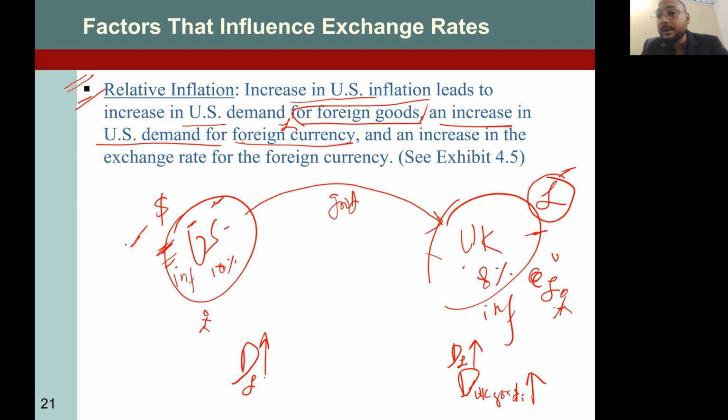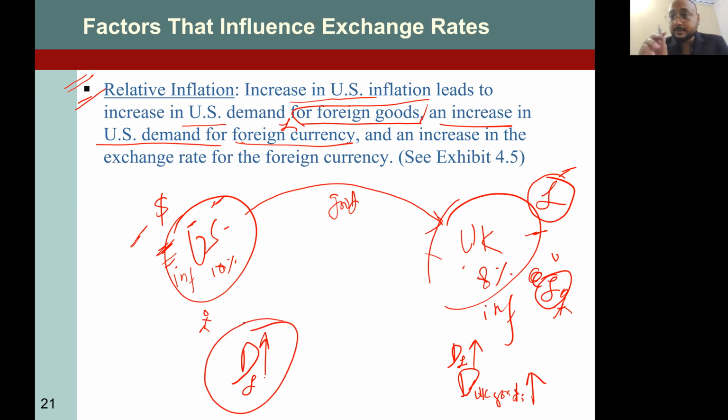Why? Because US goods are more expensive to them. Would they be supplying their pound and exchanging to dollars? Answer is no.